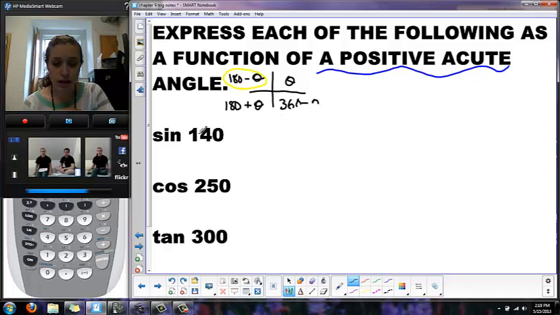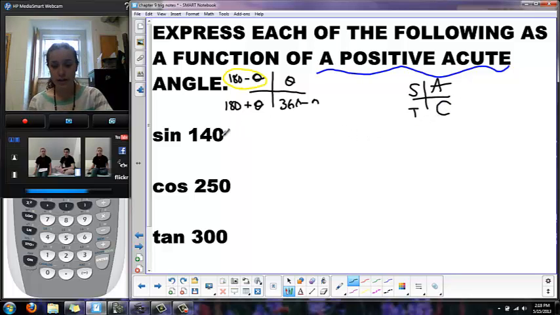Okay? So sine of 140 degrees. I'll make this right here so that I don't have to keep rewriting it. Sine of 140 degrees. What you do is figure out which quadrant 140 degrees is in. 140 degrees is in the second quadrant. So the first thing I need to know is whether sine is positive or negative in that quadrant.